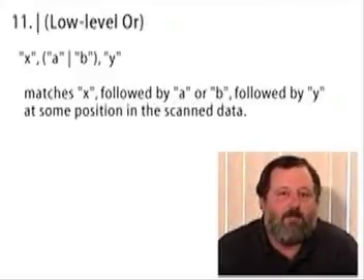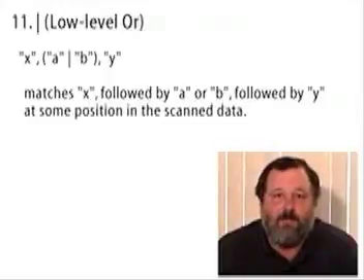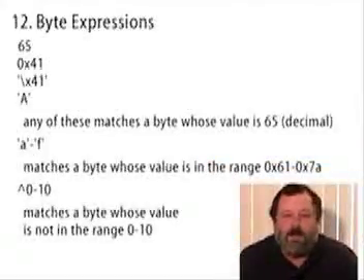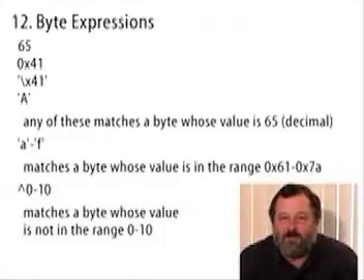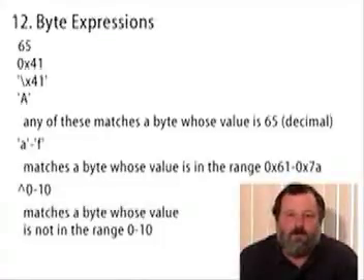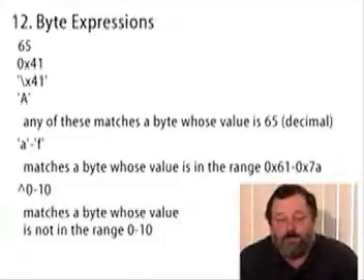The low-level OR operator is used together with the concatenation operator to specify alternative patterns at a relative position to the other patterns. An individual byte of data to be matched can be specified using a character in single quotes or using a decimal or hex integer.